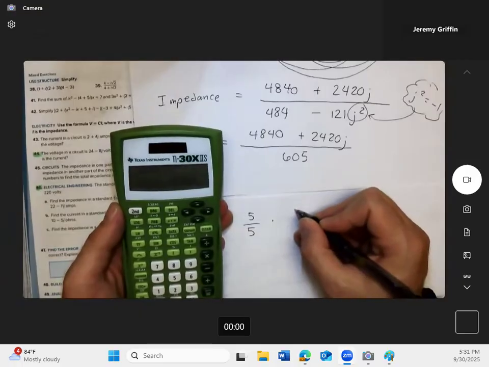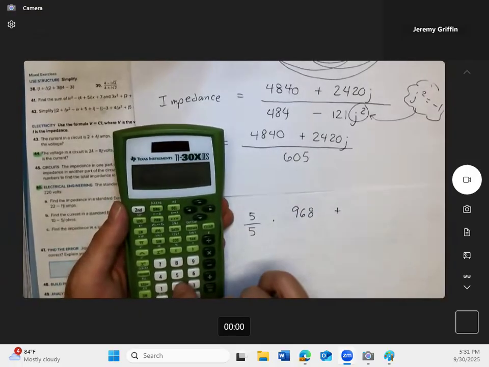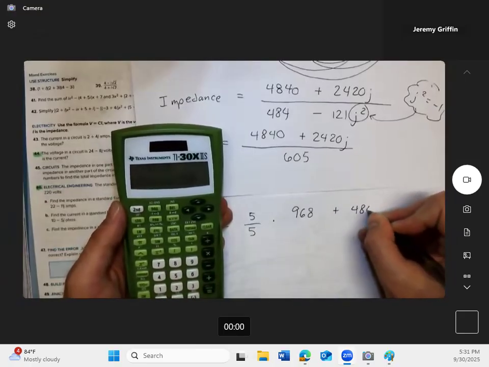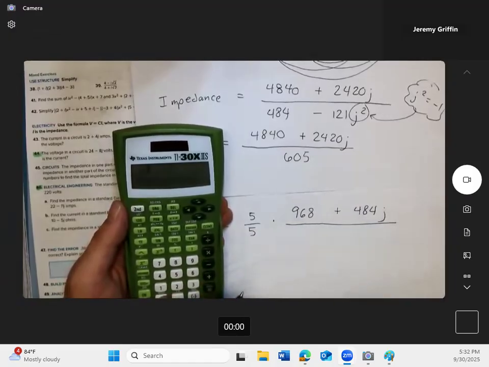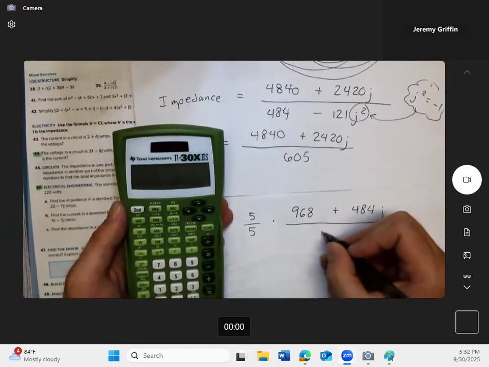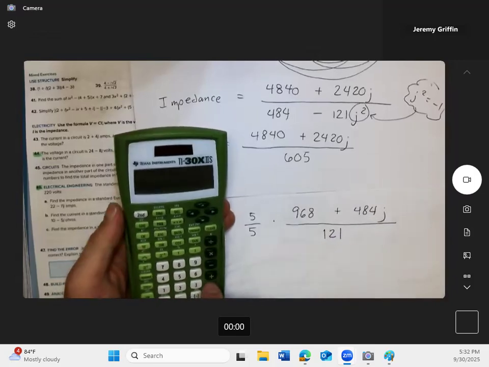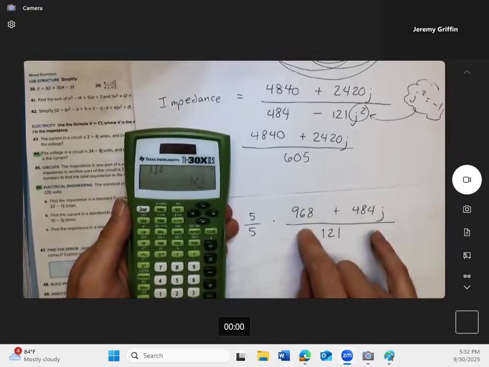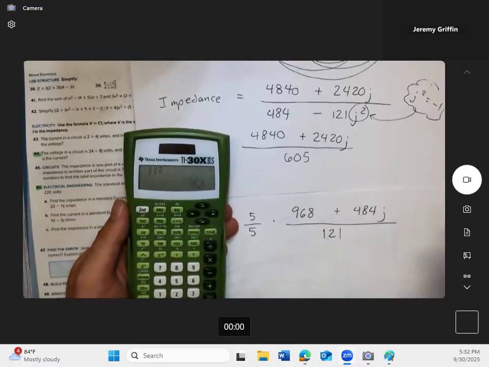That's 968, plus what's 2420 over 5? That's 484j. And what's 605 over 5? It's 121. Now I know 121 is 11 squared, so this is 11 times 11. If 11 does not go evenly into either one of these, then I'm done reducing.